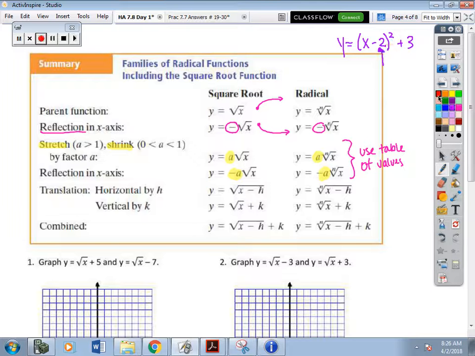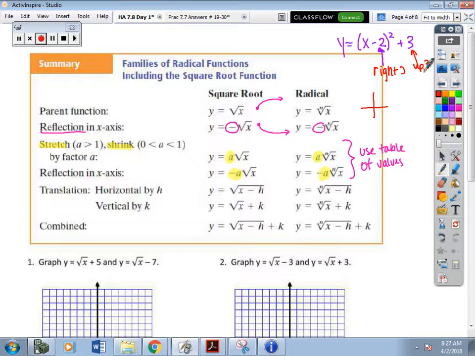Garrett? Right 2. Remember, if it's inside, it's left or right, and it's the opposite direction that you think. Because normally, minus 2 would go to the left, so it goes to the right 2. And then the plus or minus outside tells you up or down, so this would be up 3.